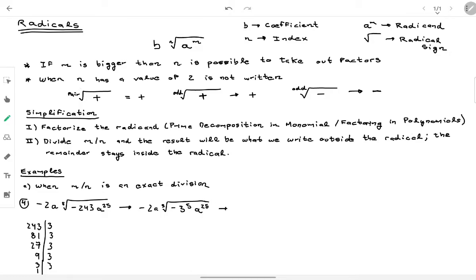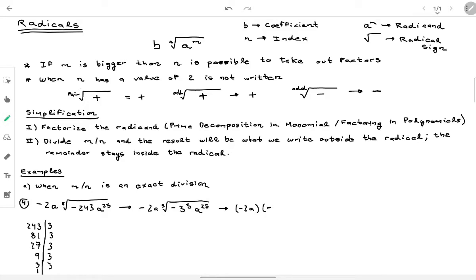Remember, we have the minus 2a that is already outside the radical. What happens with the radical? It's a negative with an odd index. We have an odd index, which is 5, and a negative inside, so our answer is going to be negative also.